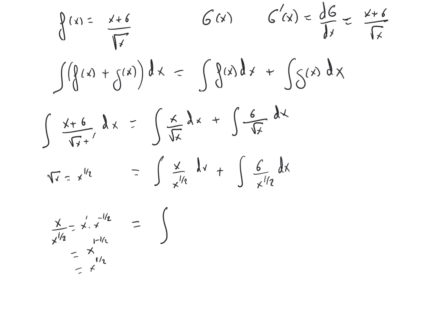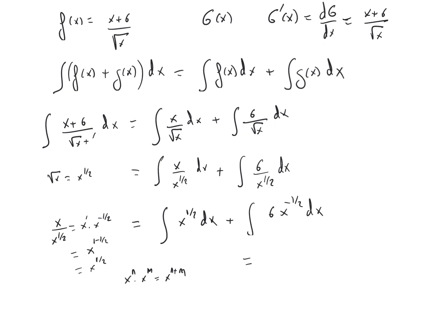What I have applied is that x to the n multiplied by x to the m is x to the n plus m. This rule for exponents will always be conserved. So the first term I can put like x to the 1/2 dx, and this term I can put as 6 times x to the minus 1/2 dx.